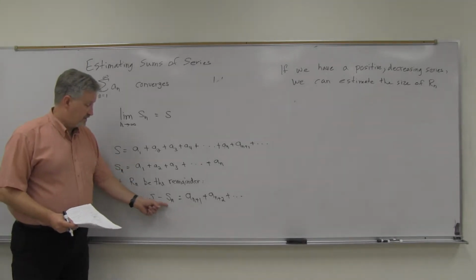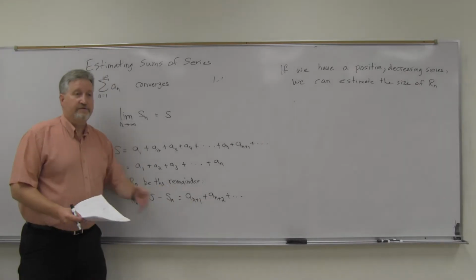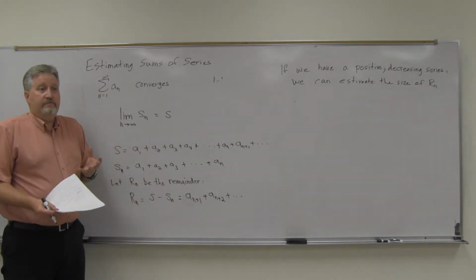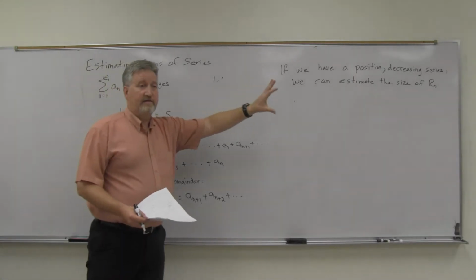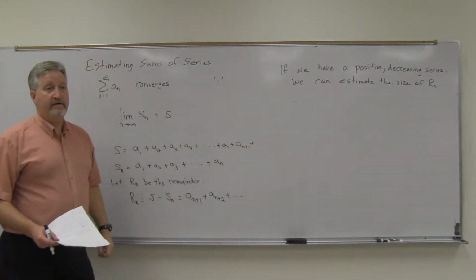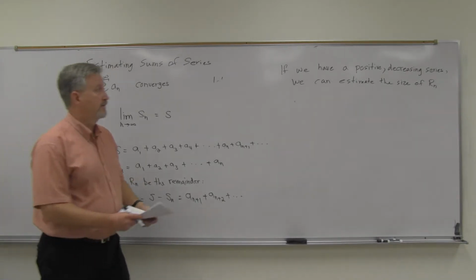Because if I take S sub n away from S, what's left over is what I didn't add in with S sub n. You see what I'm saying? So R sub n is like the error in my using S sub n, okay?